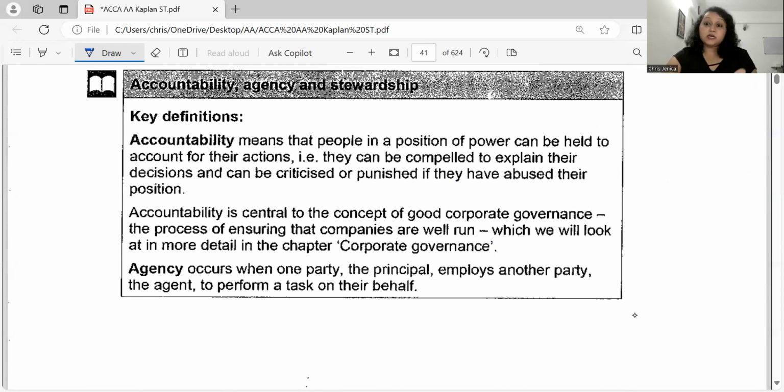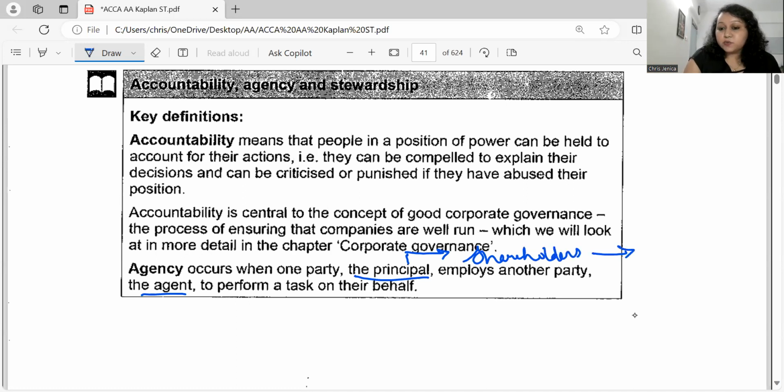Now, other terms that you have to understand before going to the other chapters. First one is agency. Agency is where one party is called a principal and the other party is called the agent. Principal is the person who is going to engage you to perform a particular task on behalf of them. For example, in a company, shareholders are called the principals.